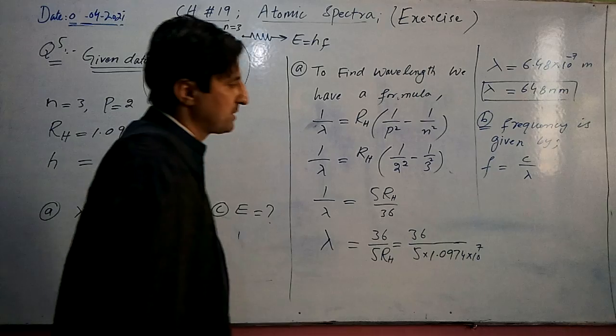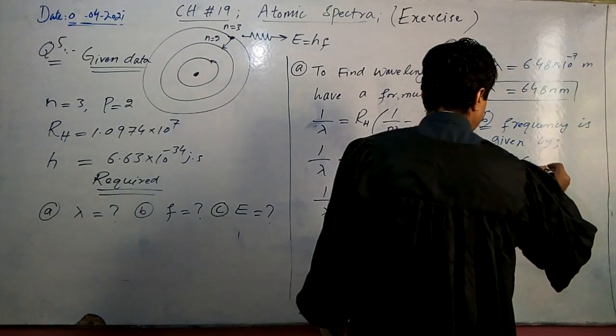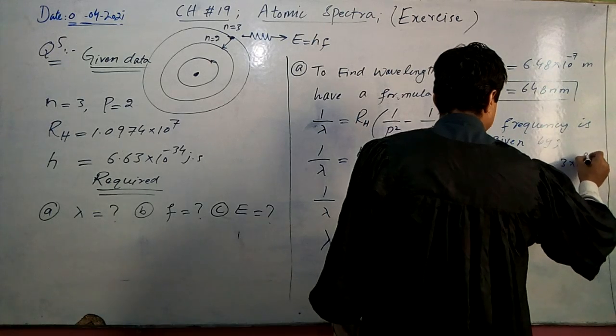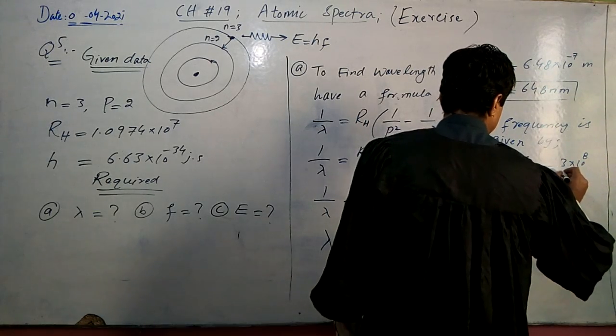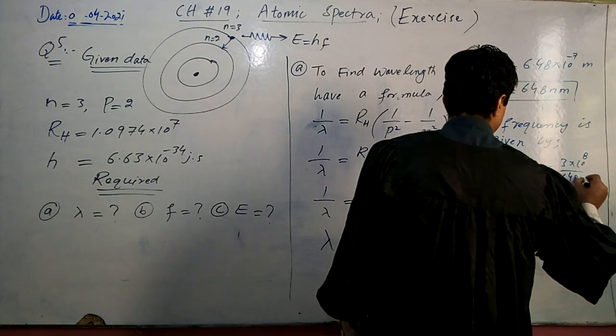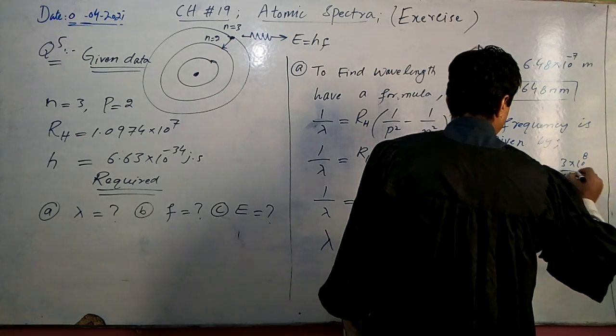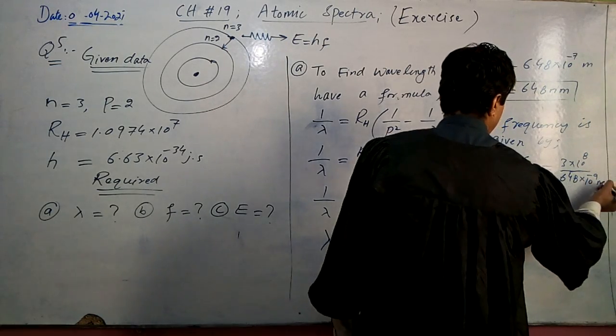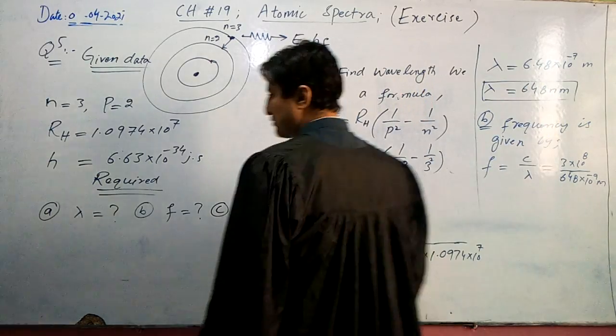So F equal to C divided by lambda. What is the value of C? C is equal to 3 multiplied 10 power 8 meter per second divided by lambda is 648 multiplied 10 power minus 9 meter. Again we convert the value of lambda into meter.